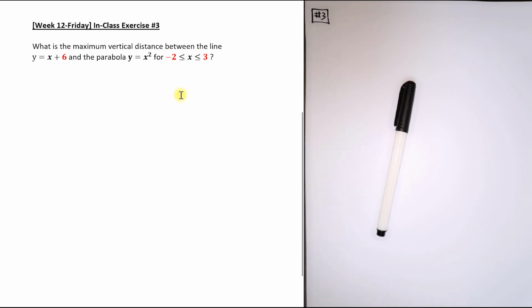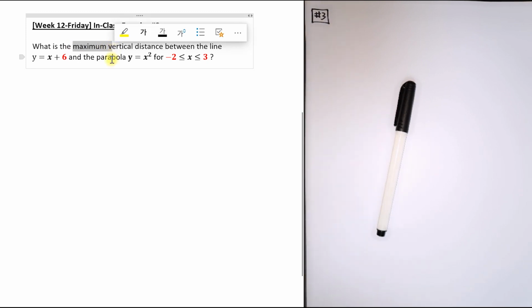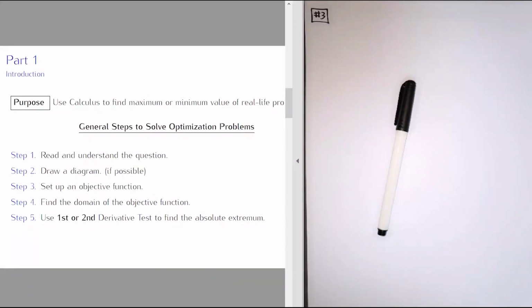First, I'm going to show you the steps to solve an optimization problem. In fact, this is an optimization problem because we're trying to find the maximum of a function. Step number 1. We first have to read and understand the problem, and once we have understood the problem, sketch a diagram so that we can find an objective function in step 3.